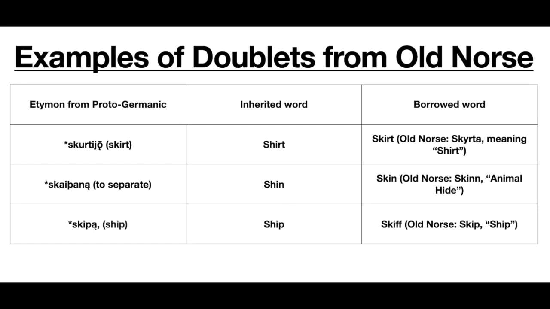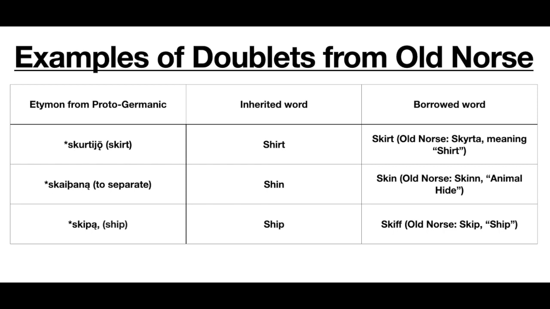So we can see that at some point in time, those sk sounds in English evolved to sh sounds. Once that evolutionary process ended, then there was some kind of contact with Norse languages, and the English language borrowed those sk words back in. Since the evolution of sk to sh was something that already happened at that time period, the evolution wasn't going to happen again.